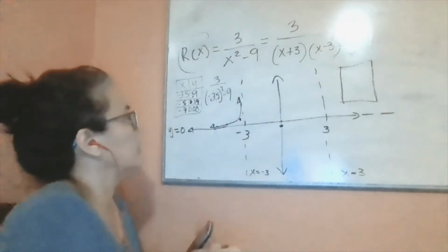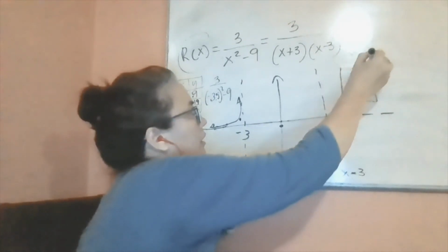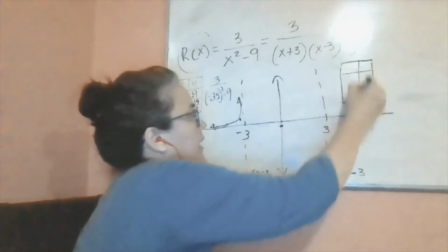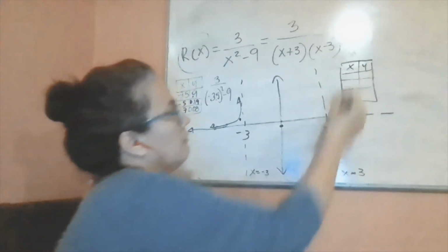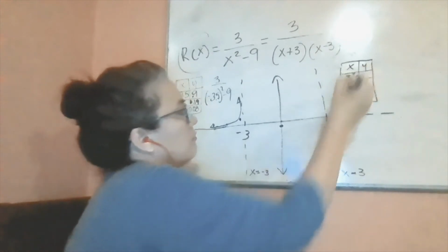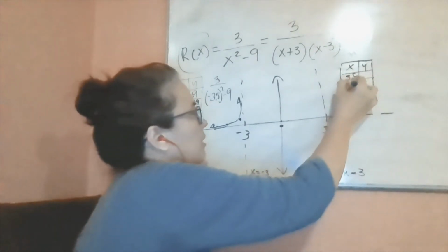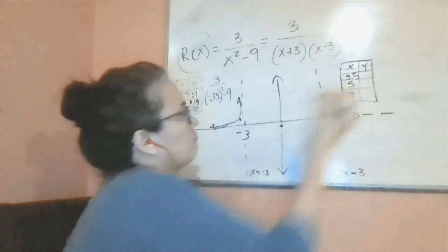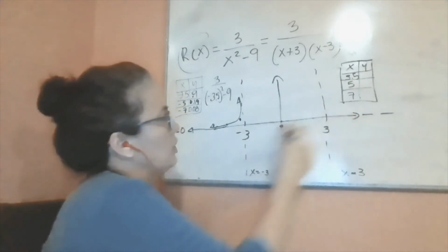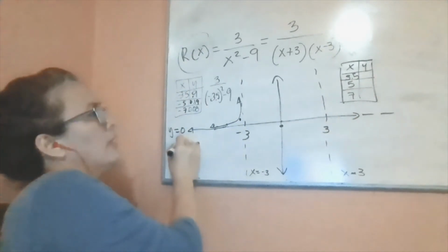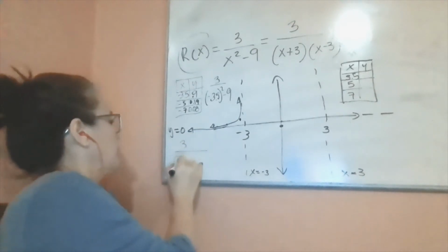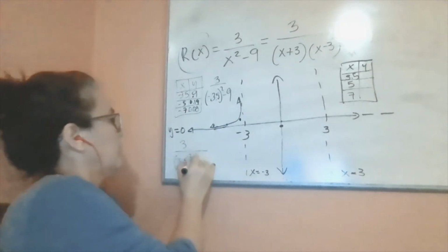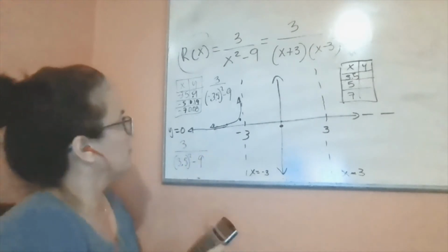I'm going to do the other table right here. I'm going to use only 3 values. 3.5. Let's use 5 positive and 7. So if I begin to replace that, I'm going to get 3 over 3.5 to the second minus 9.